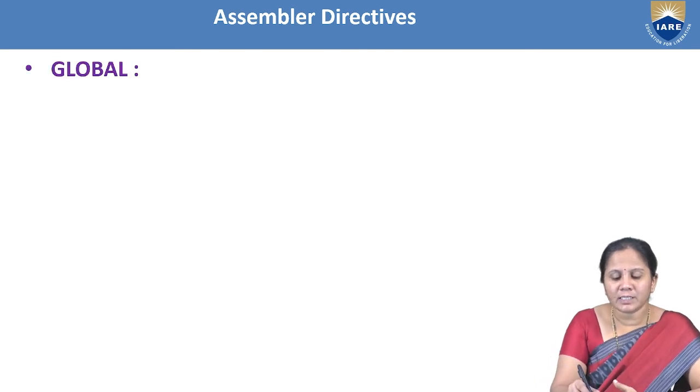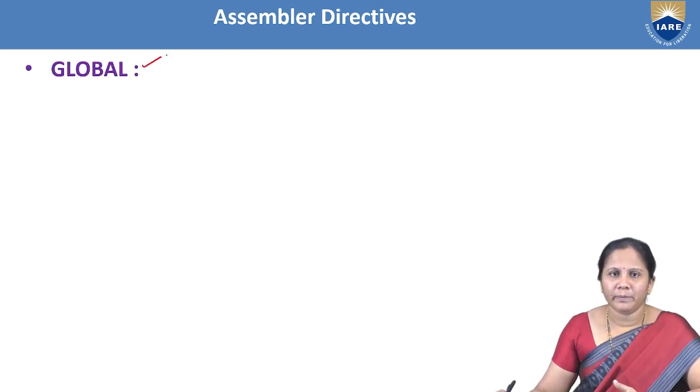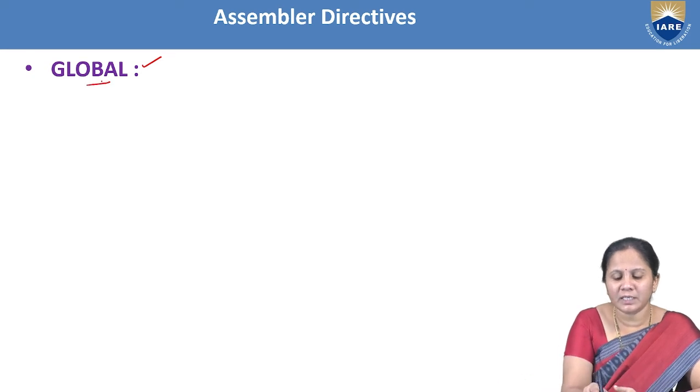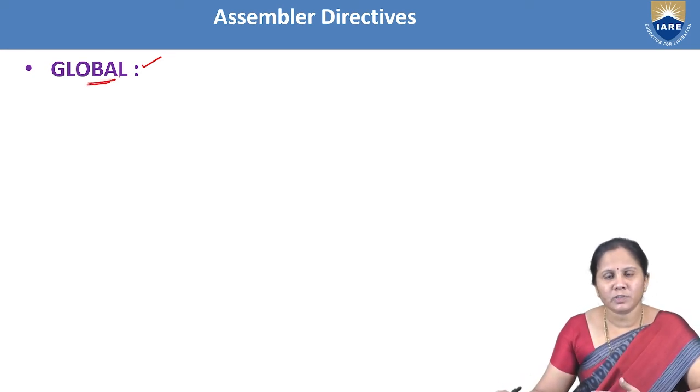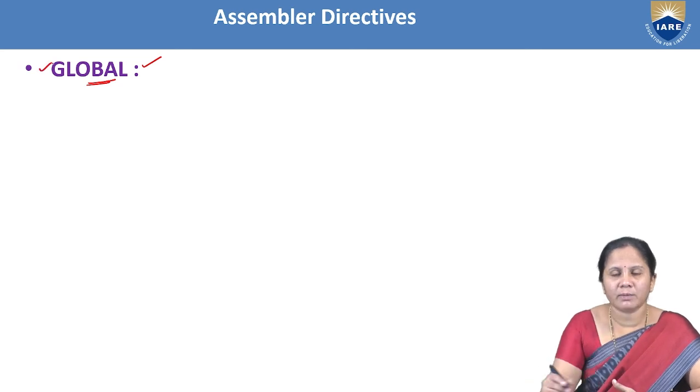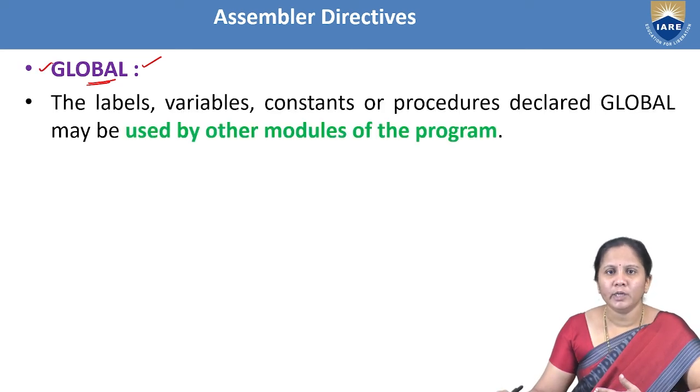And the next assembler directive is global. As the name itself says, the variables, procedures and labels declared under this assembler directive can be used by anyone, either in public or by external.